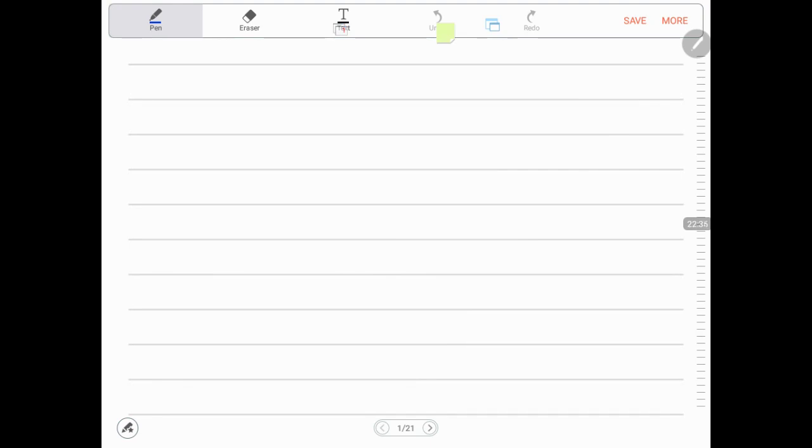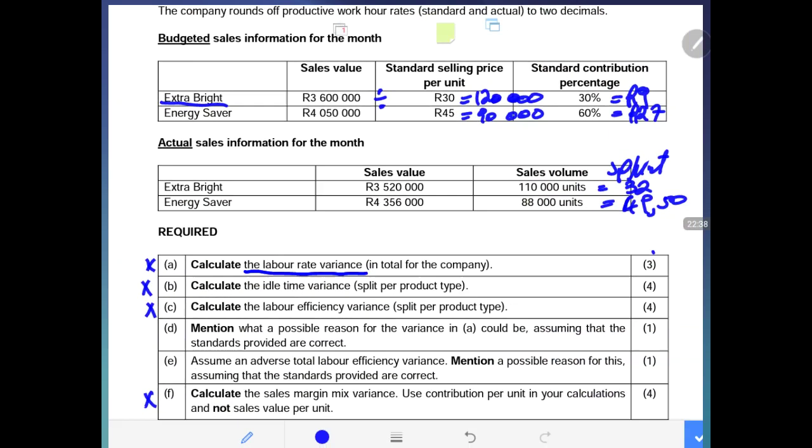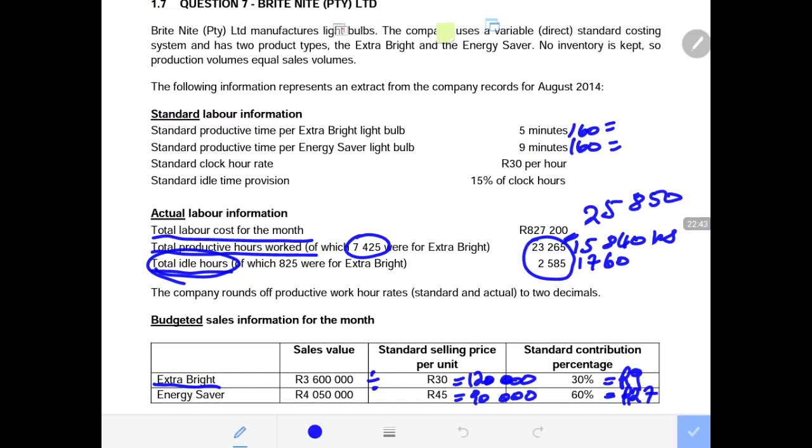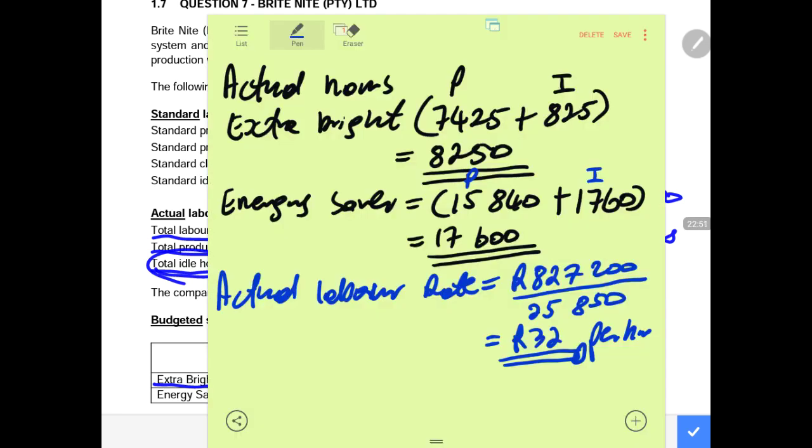We are looking at the rates. Therefore, we look at how much was the standard rate, and we were given that the rate was 30 rand. We expected to pay our employees an amount of 30 rand, and we discovered that we actually paid our employees a total of 32 rand.